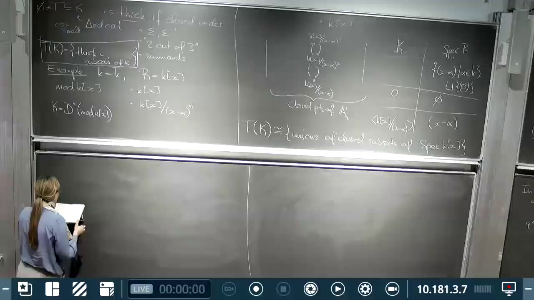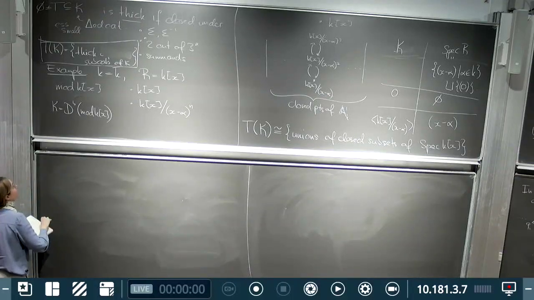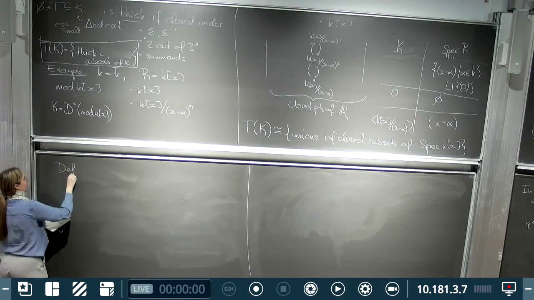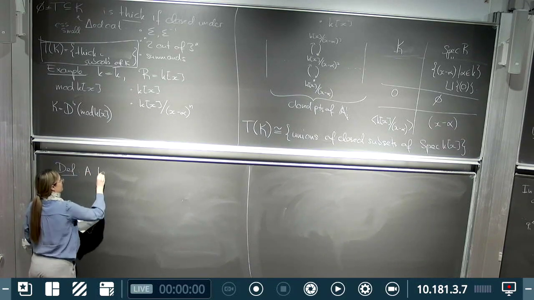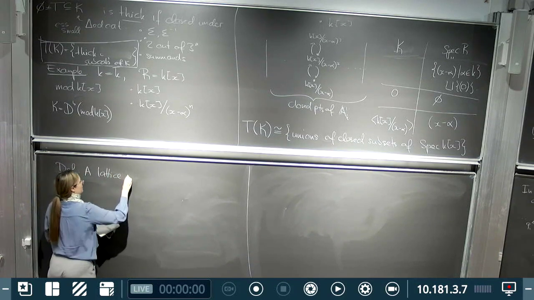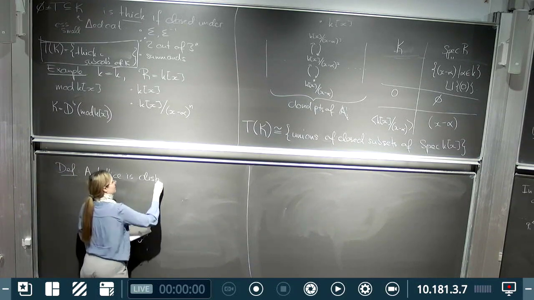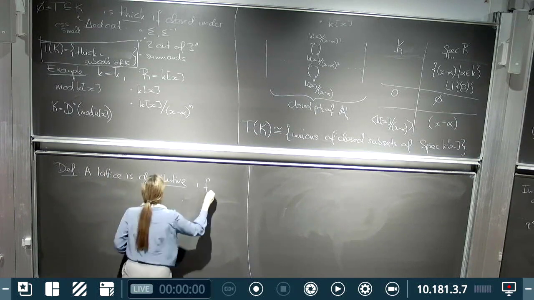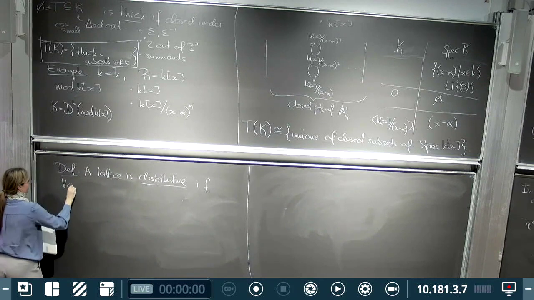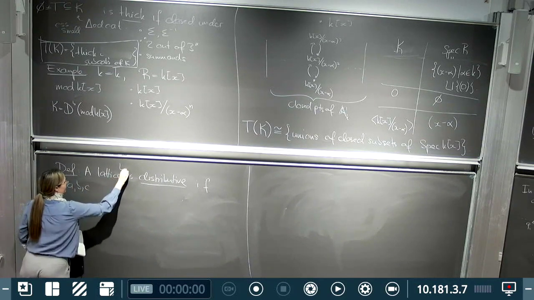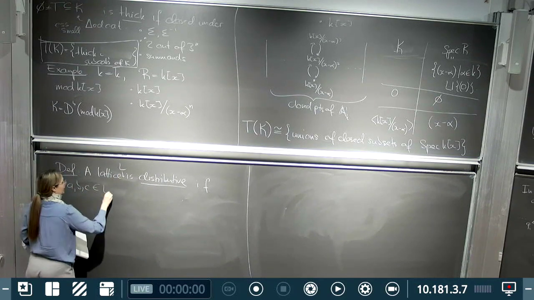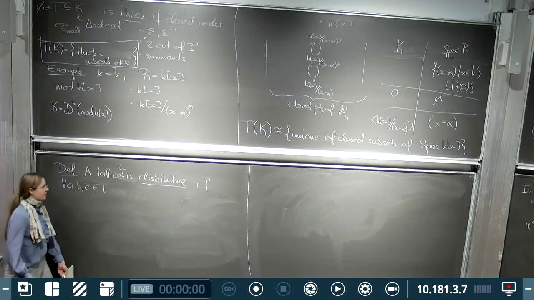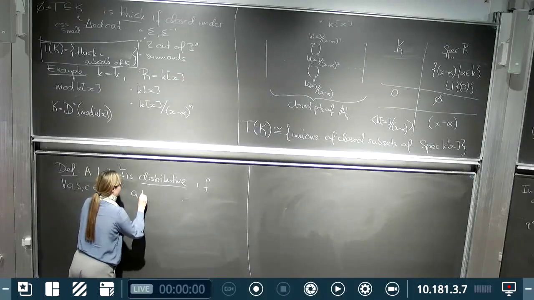So what are we doing? Distributivity. Definition: a lattice, which I'm going to call L, is distributive if whenever we have objects A, B, and C in L, meets distribute over joins.